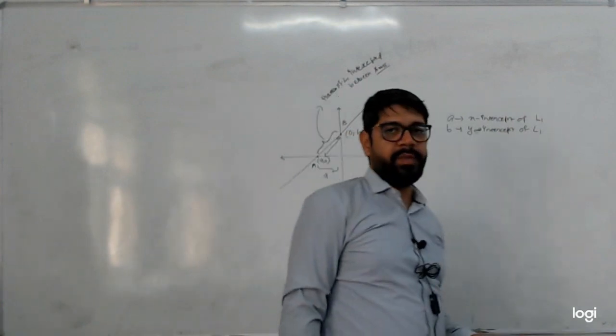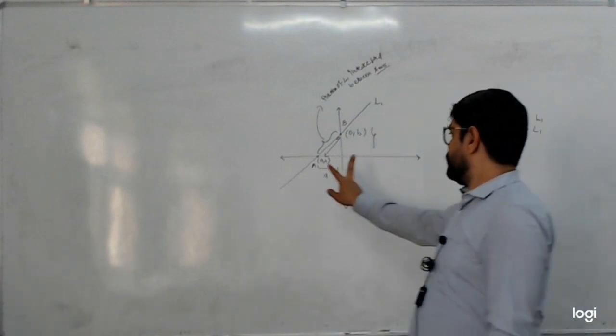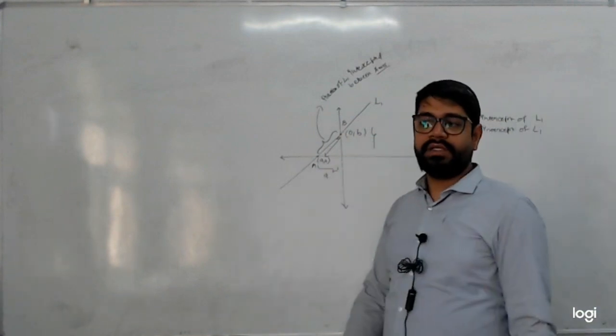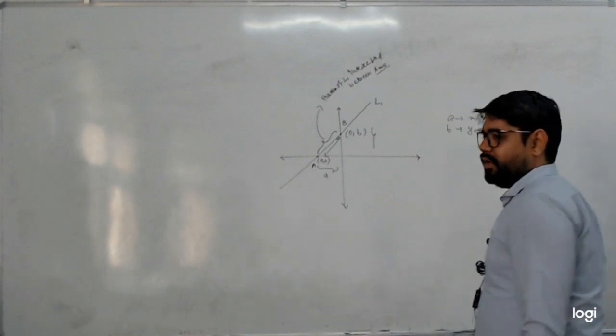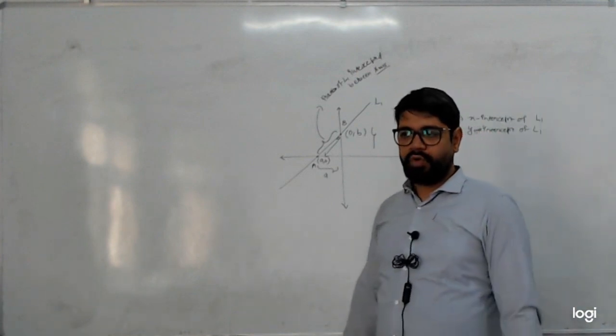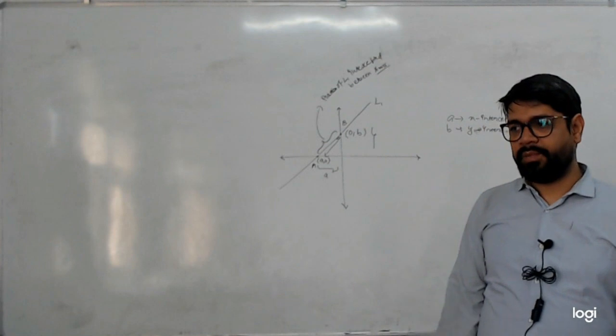What is the length of AB? It will be simply the square root of a square plus b square using Pythagorean theorem. I hope x intercept और y intercept आपको clear है.